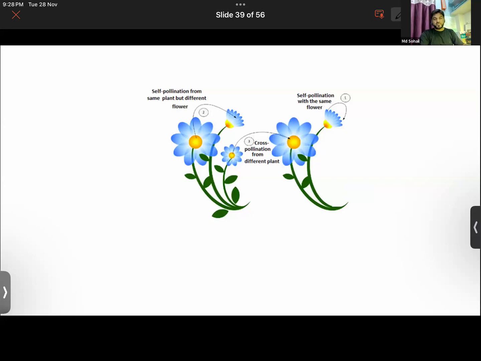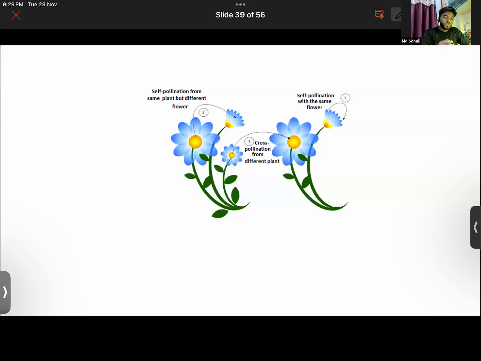It has to be flowers of the same species. So flowers have to be of the same species. In the case of self pollination, as you guys put it very well, pollen grains from the anther of the same flower will be transferred to the stigma of the same flower, right?